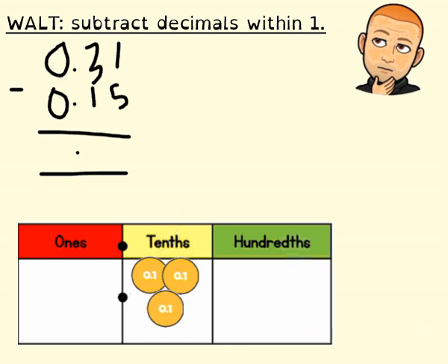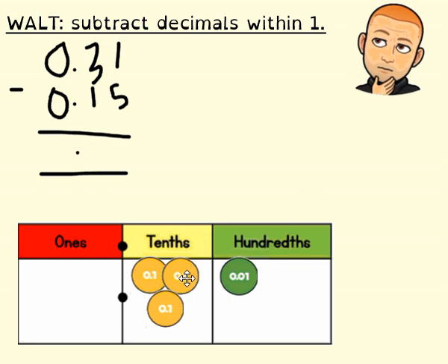Now we have a problem in as much that I have 1/100 here, but I need to subtract 5/100 from that. So to do that, we do something called exchanging, which we're hopefully quite familiar with. So I'm going to exchange one of my tenths. Let's use this one.